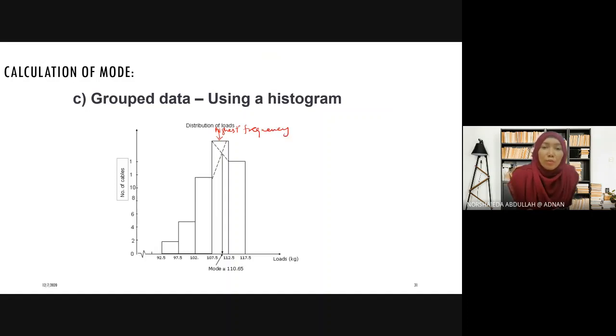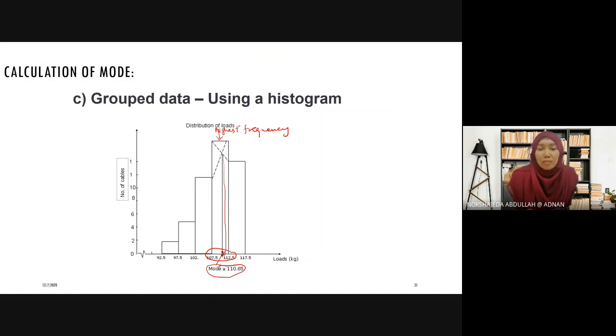So the mode should be somewhere within this class, right? To find the value of the mode, we use graph interpolation, doing it like this. And then we look at the value on the X axis, so we can estimate the value of the mode. If we use the graph, we can estimate the mode value.